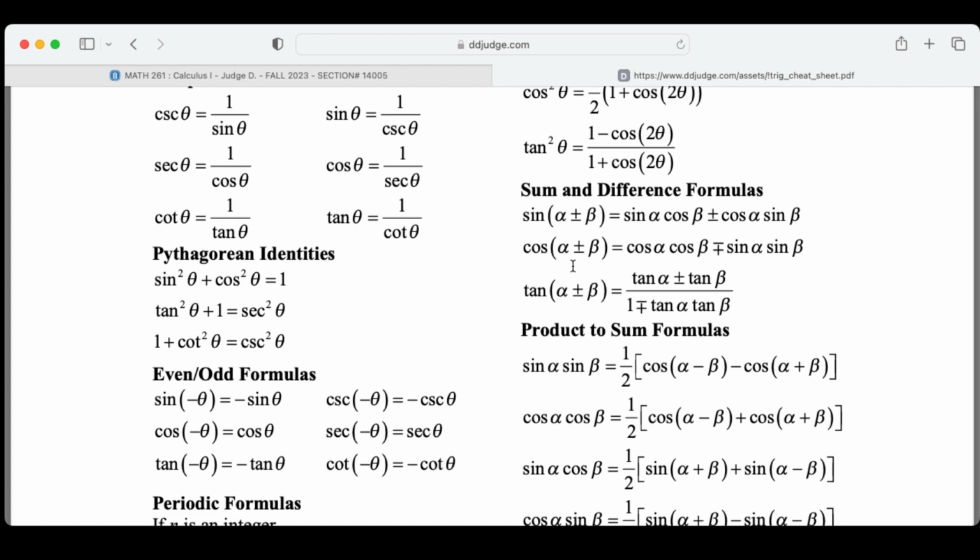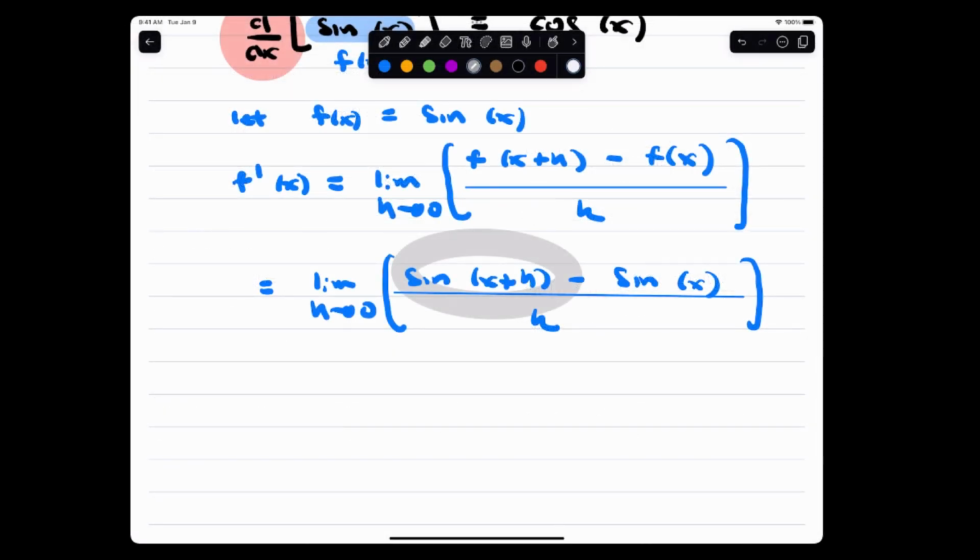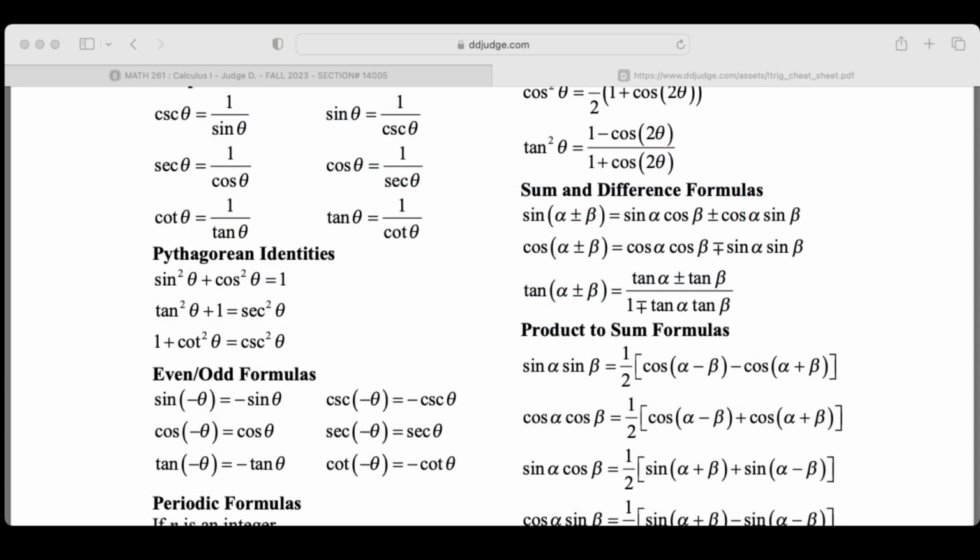So right in here, what I'm getting at is sine of a sum, in gray, x plus h. We're going to use that information. So you guys know, what's sine of a sum?